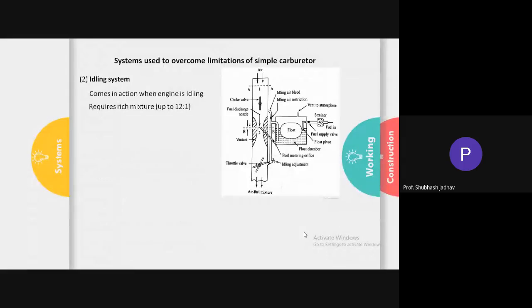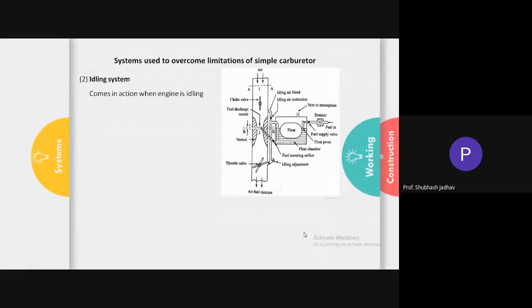Now let us move on to discuss what is idling system. आयडलिंग सिस्टम जसं तुम्हाला सांगितलं की आयडलिंग सिस्टम म्हणजे काय, गाडी बंद आहे परंतु इंजिन चालू आहे. म्हणजे आपण इंजिन चालू करून ठेवलंय आणि आपण गाडी पळवत नाहीये. गाडी आपण सिग्नलला थांबवल्यानंतर जी काय होतं ते त्या परिस्थितीमध्ये.